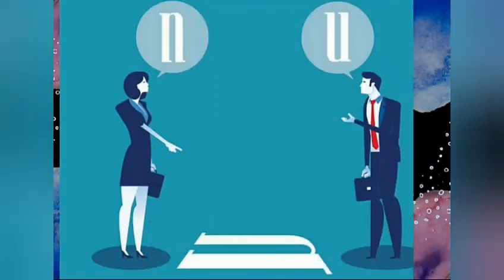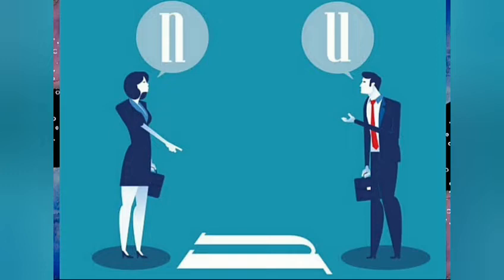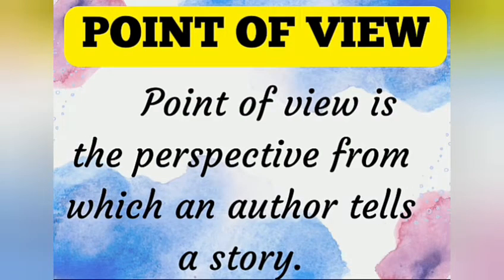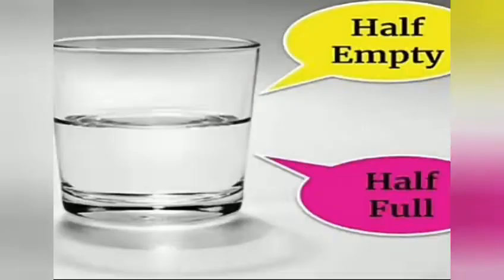An author tells a story from a certain angle or perspective known as point of view. Point of view in literature refers to the angle or perspective from which an author tells his story.